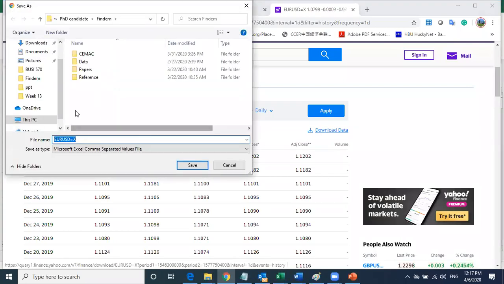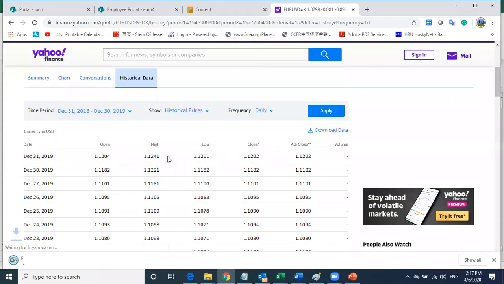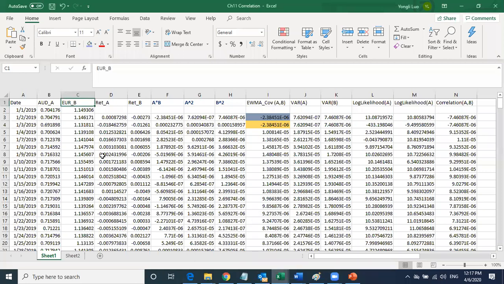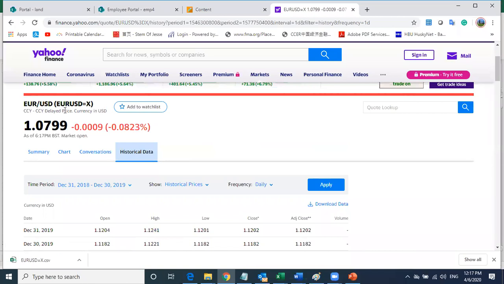That's the data I downloaded, so I can show you the data. You can use a different data set, it doesn't matter. The purpose of what I'm doing is to show you how to do the correlation estimation. This is the data I collected for the Australian dollar and the euro, so collect two series of different data.